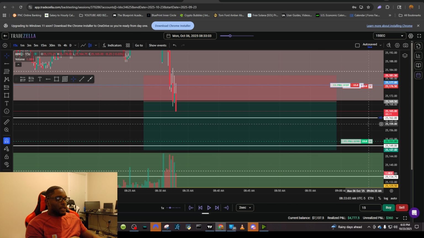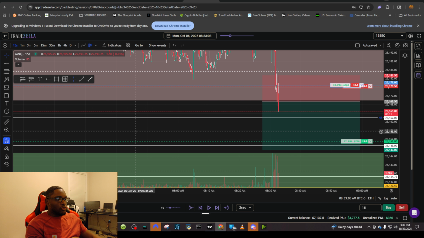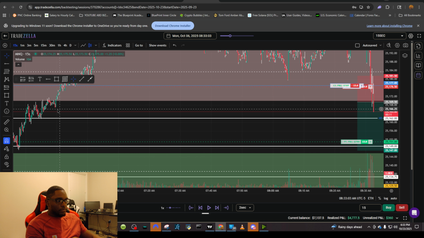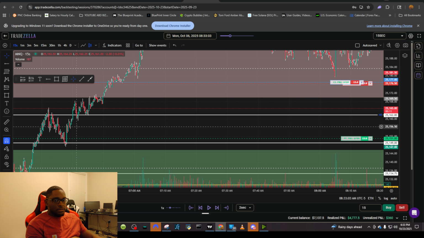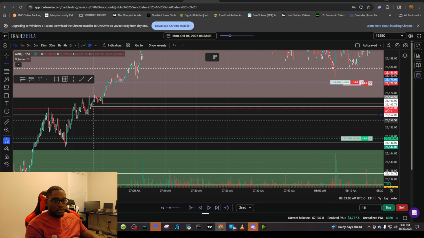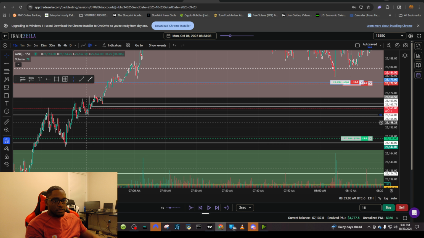The reason I held on the last trades is because I had a huge imbalance, and we got a whole bunch of balances down here. When I say balance, again, we got a balance right here. Price can bounce off of. We got a balance right there. Price can bounce off of. We got a balance right there. Price can bounce off of right there.